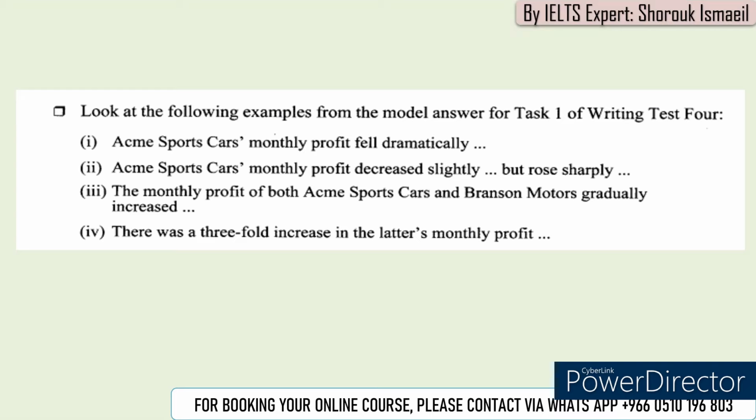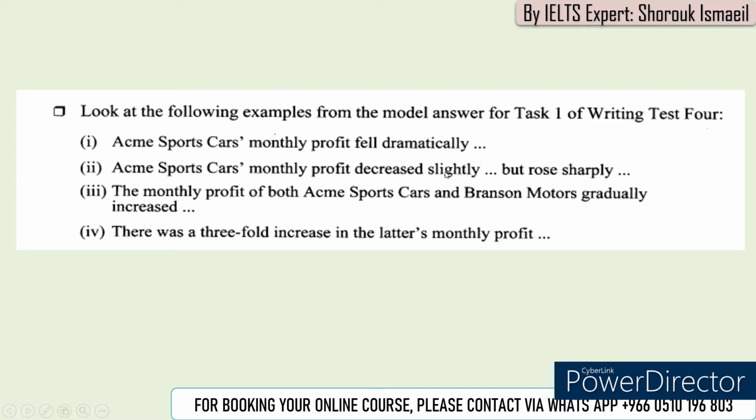Let's have a look at this example. Look at the following examples from the model answer for task 1 of writing test 4. Here, Acme Sports Cars monthly profit fell dramatically. Here you have a verb plus an adverb. In number 2, Acme Sports Cars monthly profit decreased slightly.